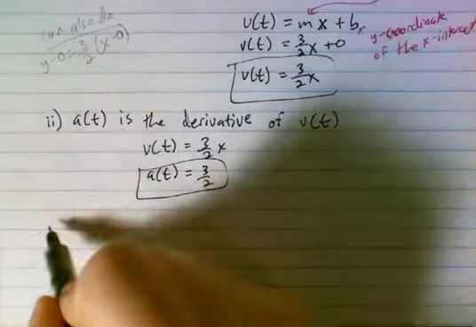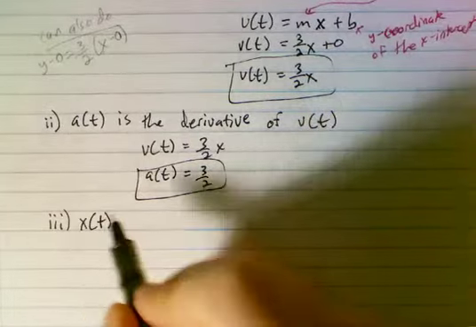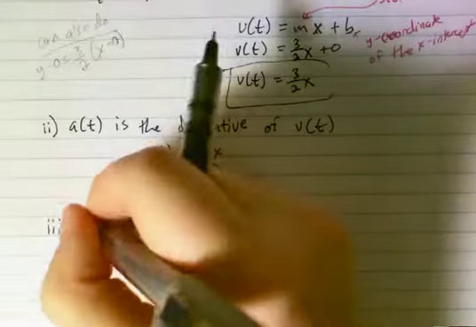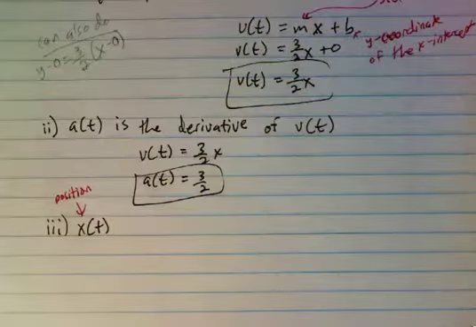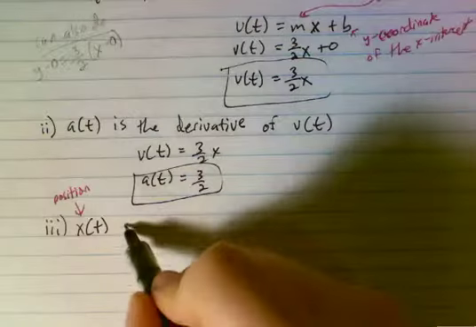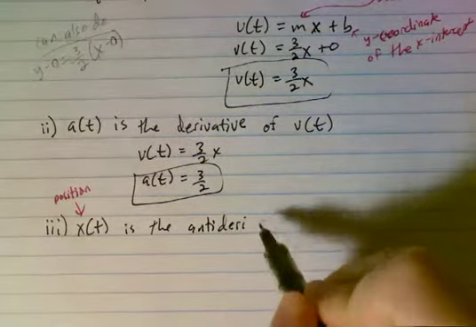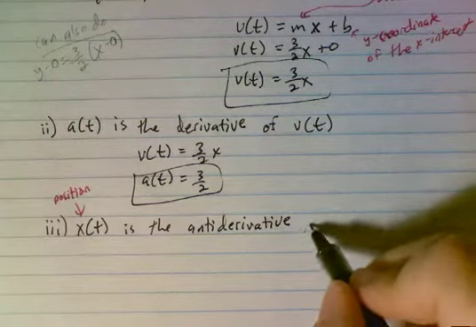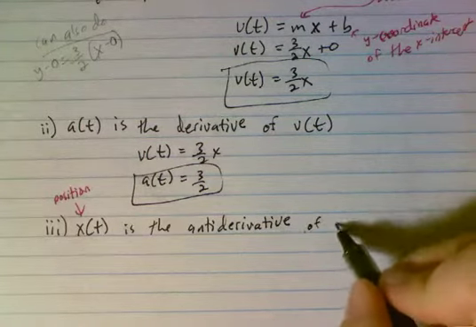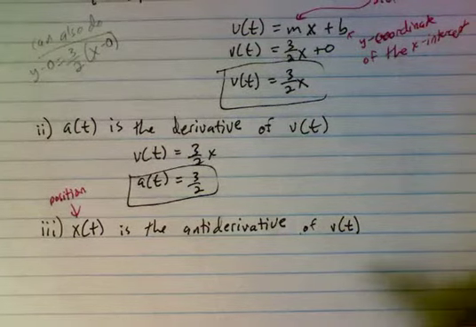Going the other way, x of t, which remember is position, is the antiderivative of v of t.